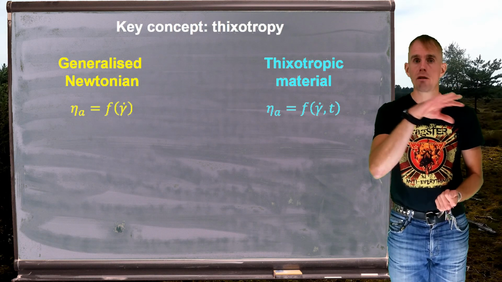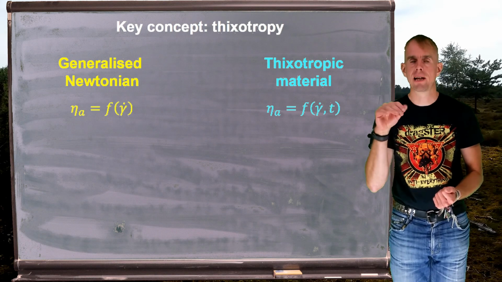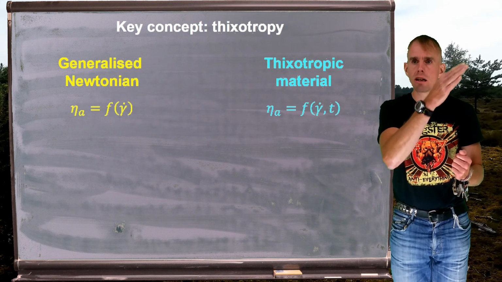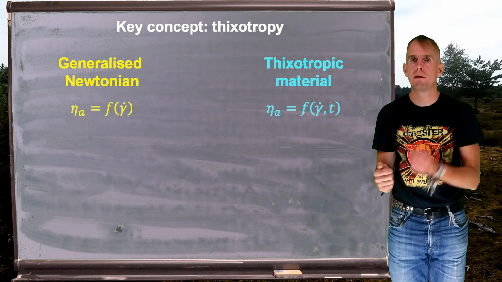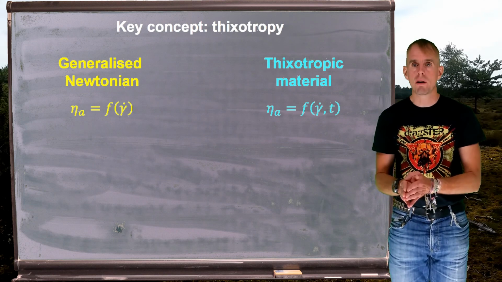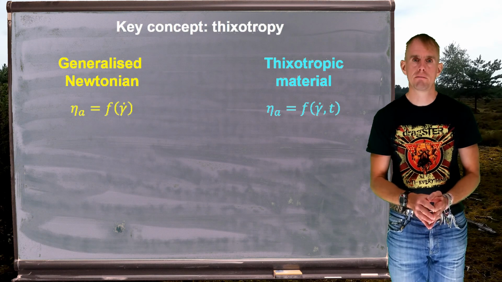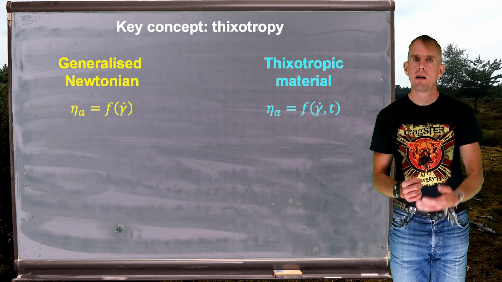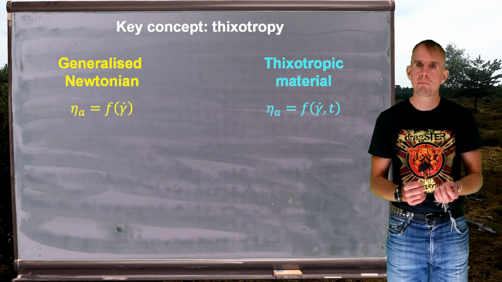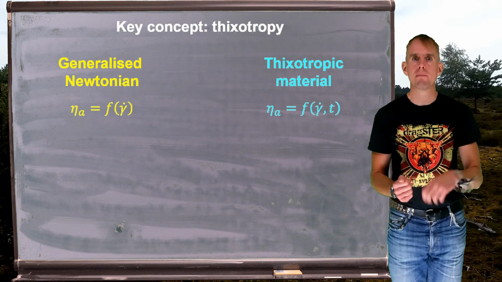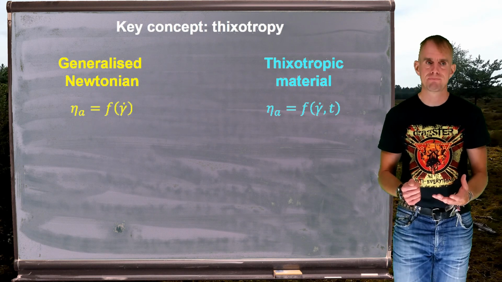I might increase my shear rate from gamma dot 1 to gamma dot 2, and I will see my viscosity gently drop over a period of time. It will not be an instantaneous response. Likewise, I might stop shearing my material, and then it might take a measurably long time for the viscosity to increase back to its starting value again. So thixotropy involves time as well as deformation rate.